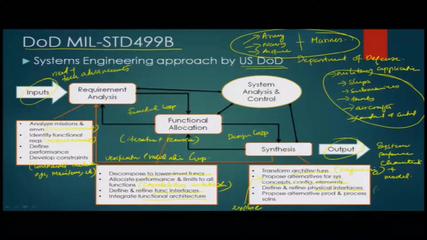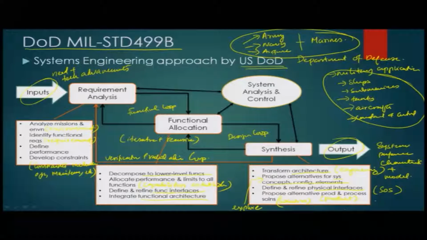Or what we earlier studied, something called as SOS, systems of systems, is part of this. So, how do the interfaces interact, and what are the details of it, that also gets specified here, and propose alternative product and process solutions.